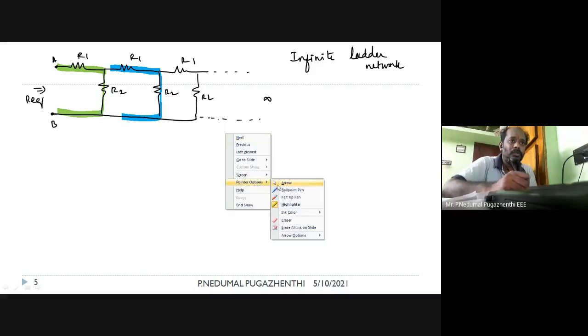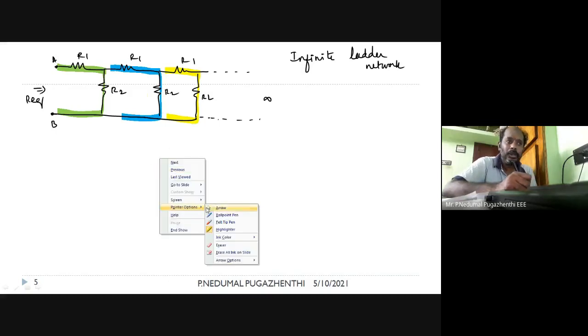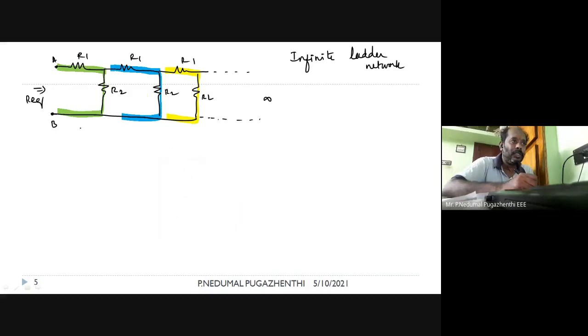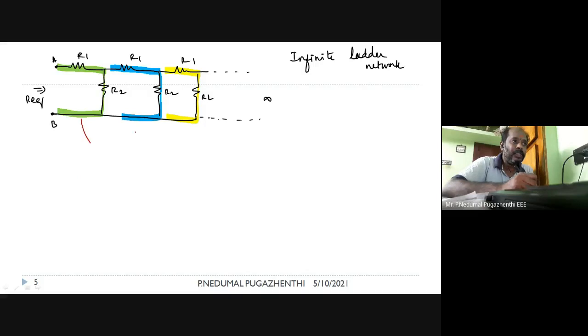Yes or no? Please respond. Every unit, we call this a unit cell. This one, this blue color, we call this a unit cell. Understood that?